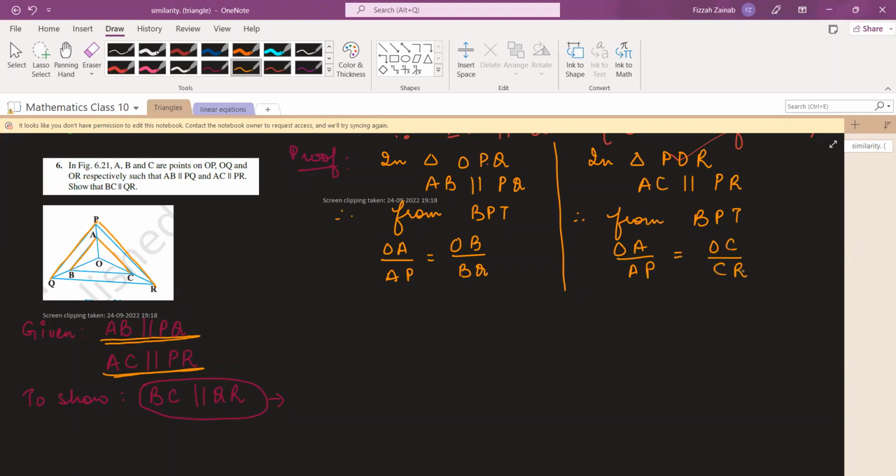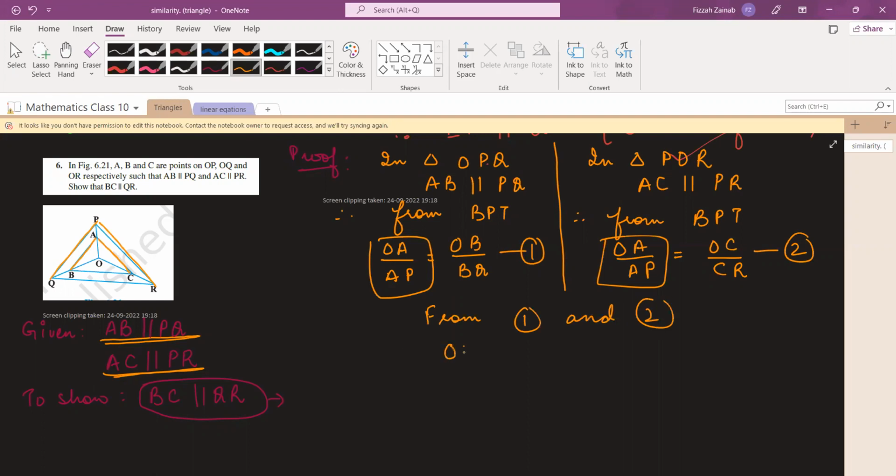Any problem? So if you call them 1 and 2, you see that this is also OA by AP, this is also OA by AP. So that means RHS is also the same. So from 1 and 2, we can say that OB upon BQ is equal to OC upon CR. So this much we have got so far.